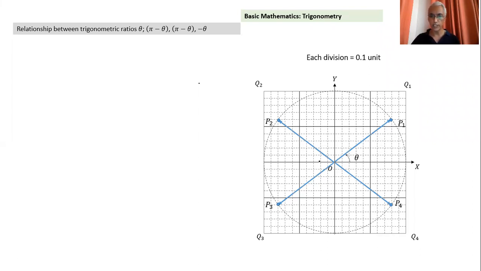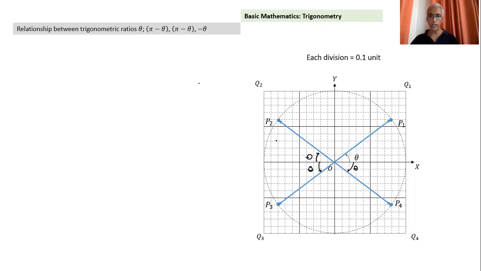If this angle is theta, from here this angle also will be theta, and from here this angle is theta. All these 4 points you can notice from the graph also. This particular point has an x coordinate of 8 units, y coordinate of 6 units.